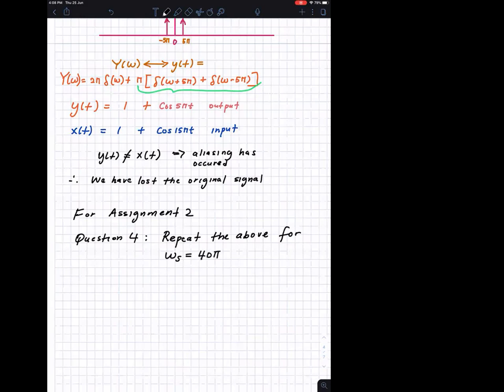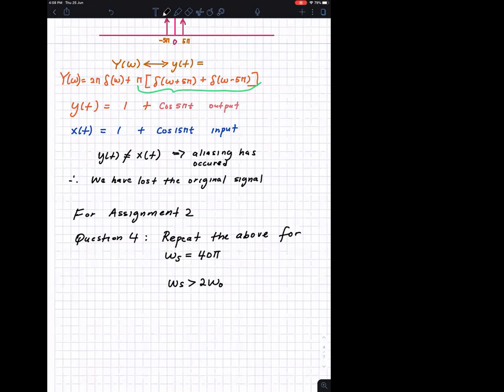So now you see the sampling frequency is greater than 2 times the signal frequency, the input frequency, omega naught.